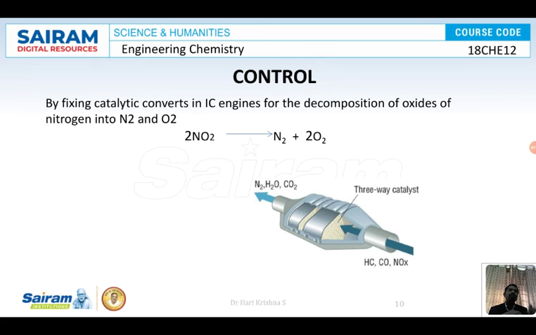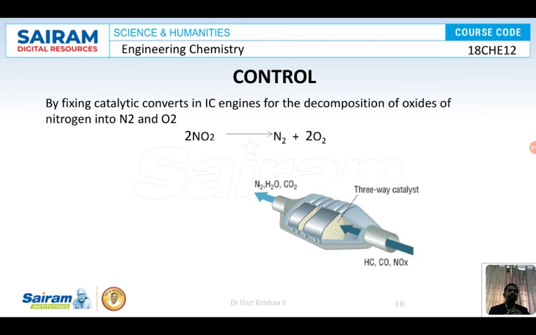The platinum and rhodium catalyst present in the catalytic converter will reduce the NO2 to nitrogen and oxygen. To a certain extent, we can control the pollution of carbon monoxide and oxides of nitrogen by fitting catalytic converters to automobiles. So this one catalytic converter minimizes two pollutants present in the atmosphere.